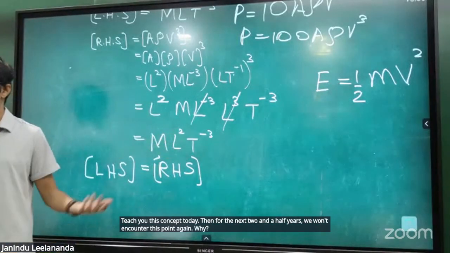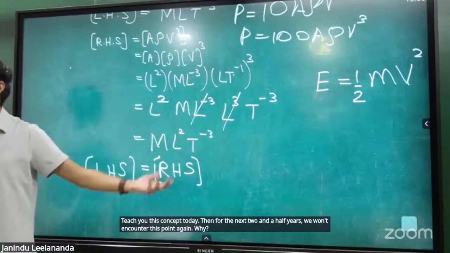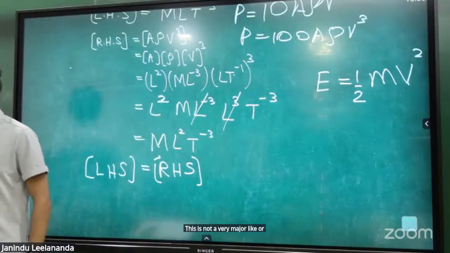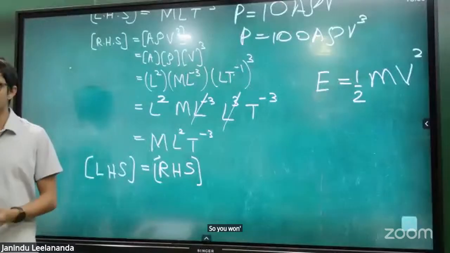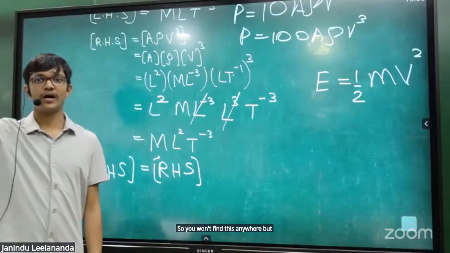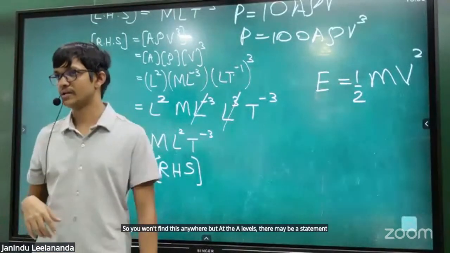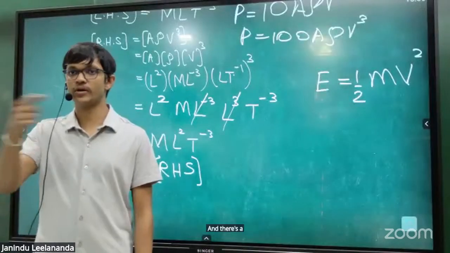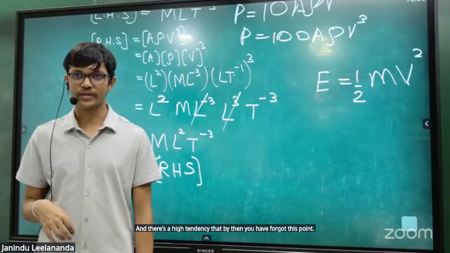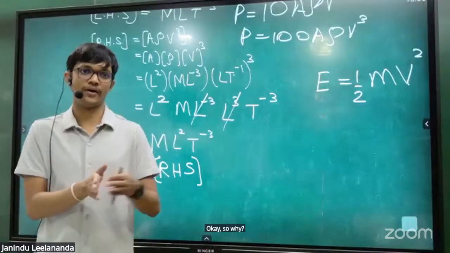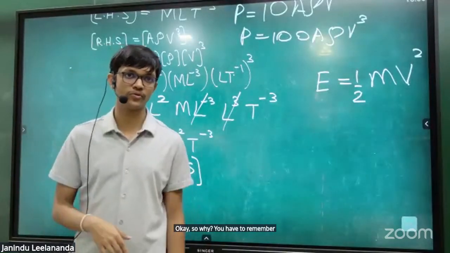Why? This is not a very major or difficult lesson, right? So you won't find this anywhere. But at the A levels, there may be a statement like that, and there's a high tendency that by then you have forgotten this point. So why should you have to remember any important point for 2 years, right?